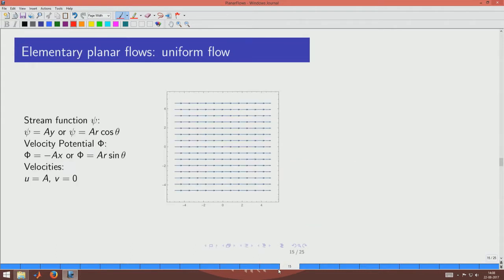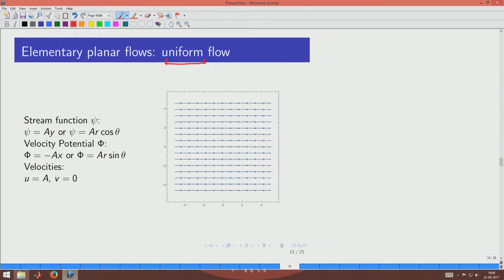We are going to introduce elementary planar flows here. We have those names coming up, and those names and flow patterns are a kind of relationship that we now want to use to describe flow in any arbitrary situation. So, uniform flow, as the word immediately implies, means that the velocity is constant and in only one direction.